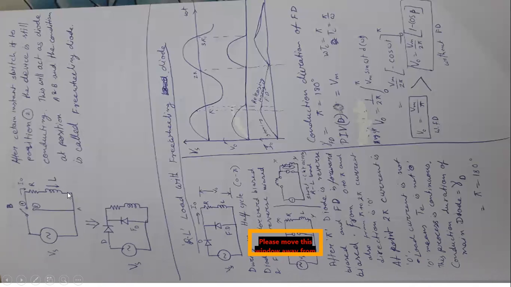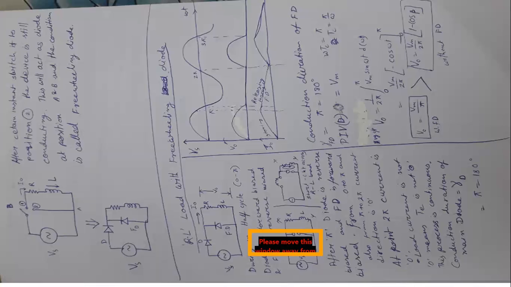The inductive charge will get a path to circulate inside this loop, so the current conduction will be there.